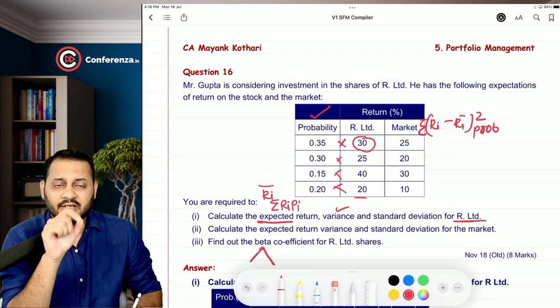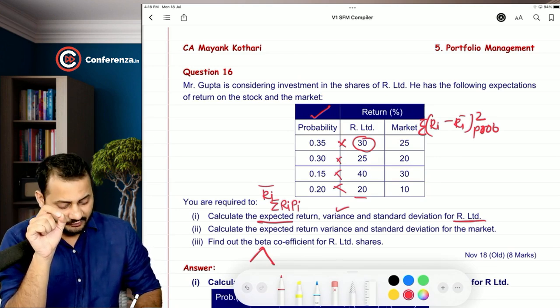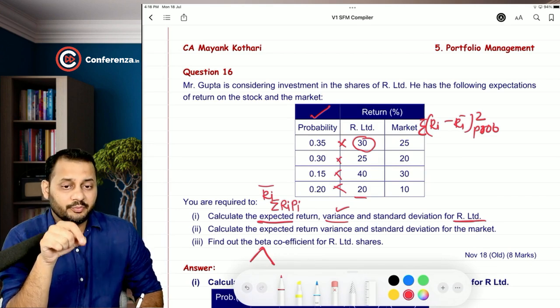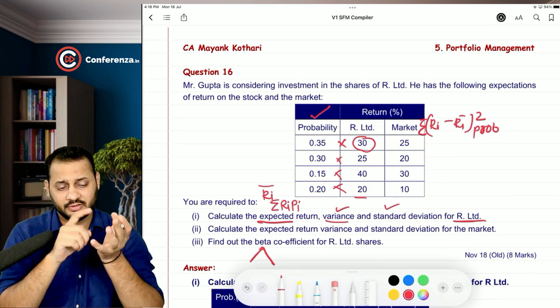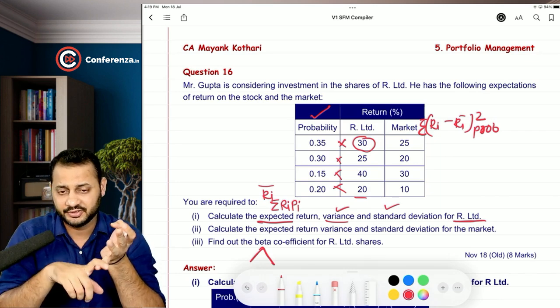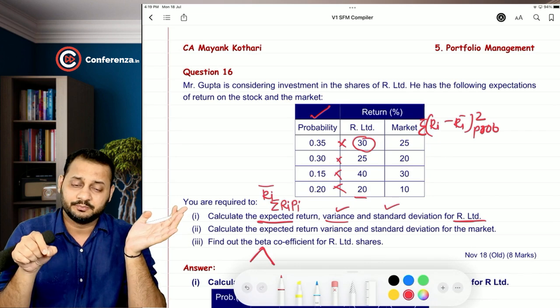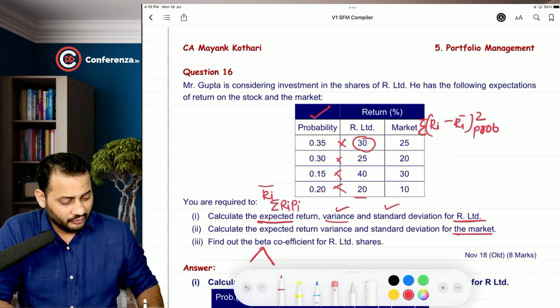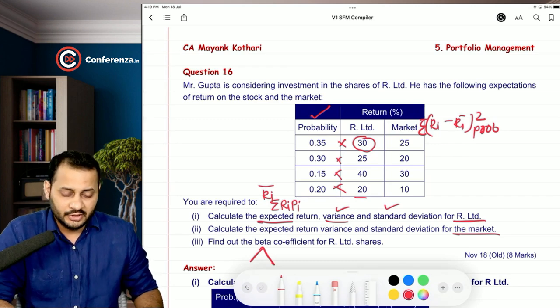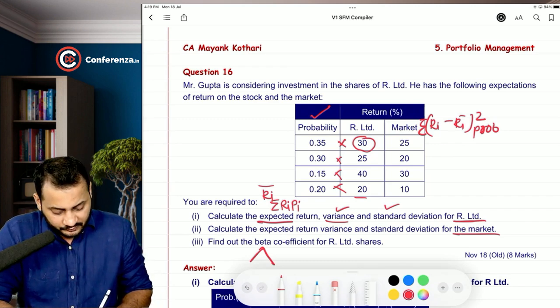When we put the square root on the variance, we are going to get the standard deviation. So this is the process of expected return, variance and standard deviation of R Limited. Exactly similar will be the process for the second calculation for the market. By this time you will have the return of R Limited, variance of R Limited and standard deviation of R Limited.